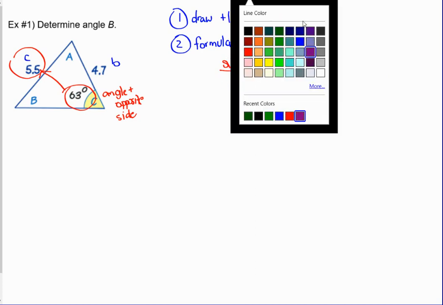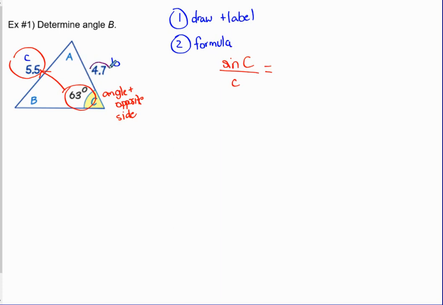And what am I trying to find? So let's take a look here. I have side B, and I want to find angle B. So sine of angle B over side B. And then I'm going to substitute my values in. So subbing in my numbers, angle C is 63 degrees.